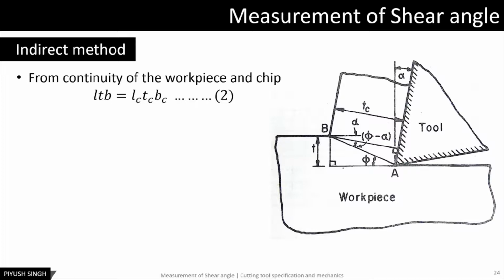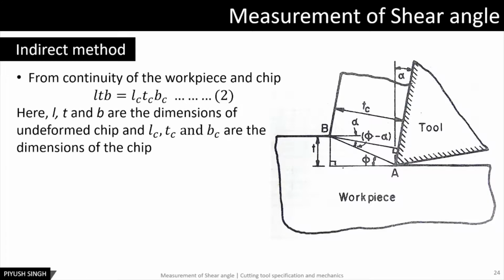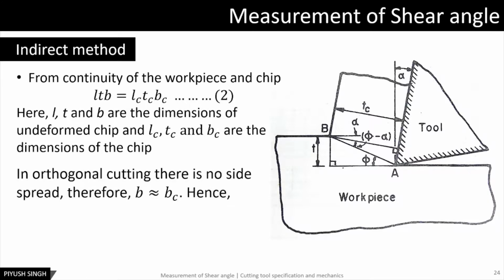Clear? So in orthogonal cutting, there is no side spread. Side spread means the width of the cut does not change. Whatever was the width of the uncut workpiece is the same as the width of the chip.